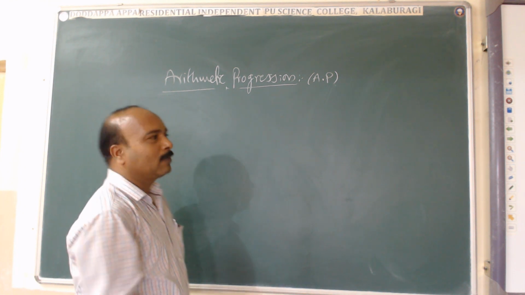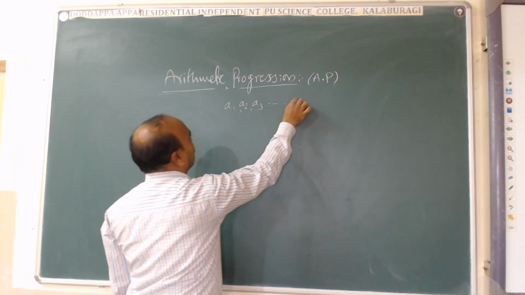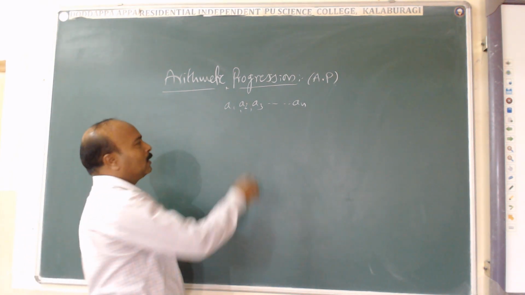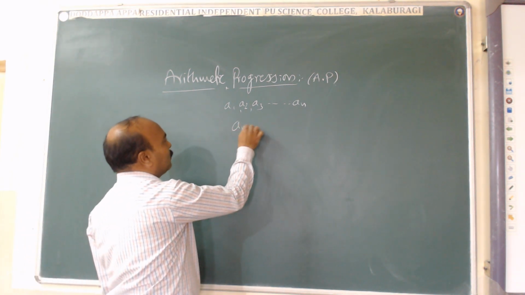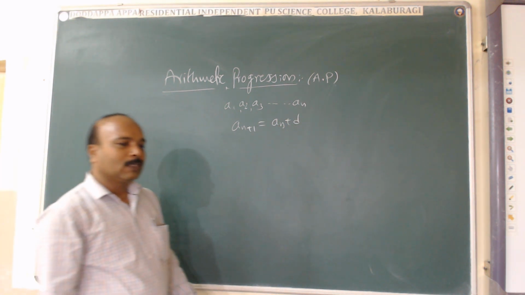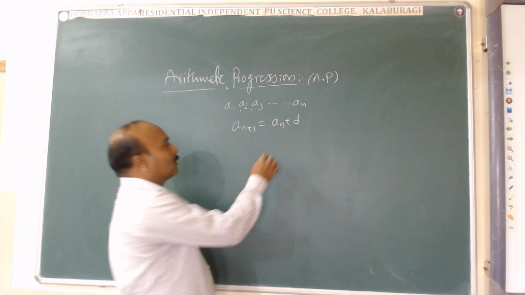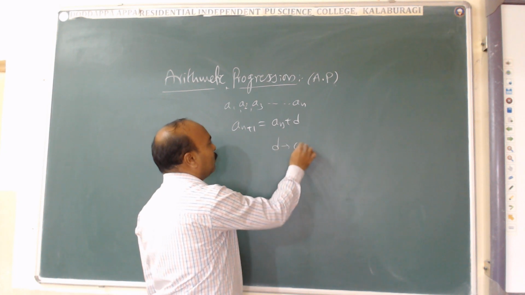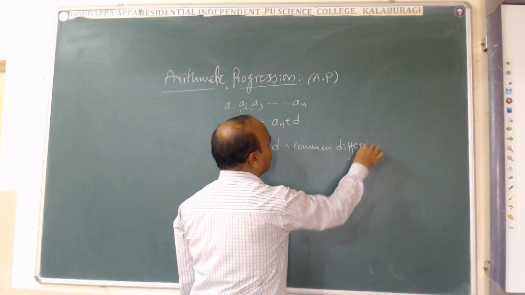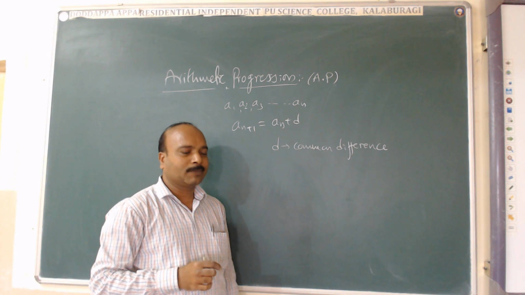A sequence of numbers a1, a2, a3, ..., an is said to be in arithmetic progression under one condition, that is a(n+1) equals an plus d, where a1 is the first term of the sequence and this d is called the common difference. And here n is nothing but the total number of terms of the sequence.